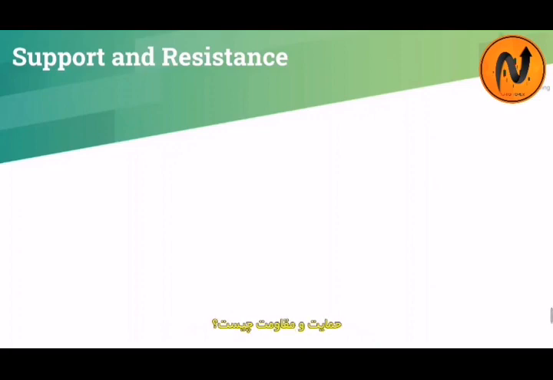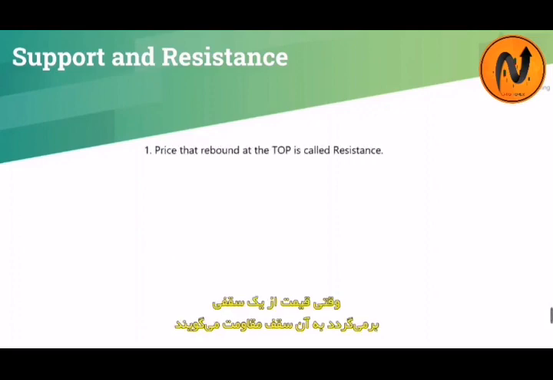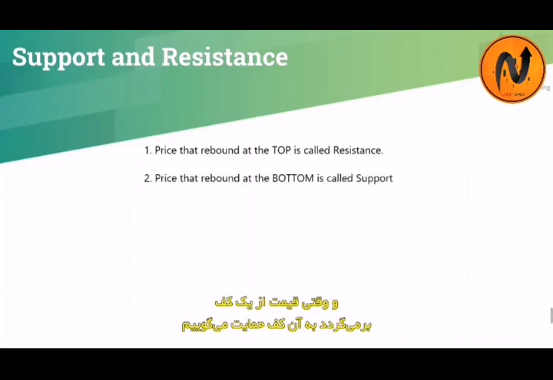All right, so support and resistance, the most basic one for newbies. What the heck is it? Support and resistance: a price that rebounds at the top is called resistance, which we also call the ceiling of the price. And the price that rebounds at the bottom is called support, which is the floor of the price.